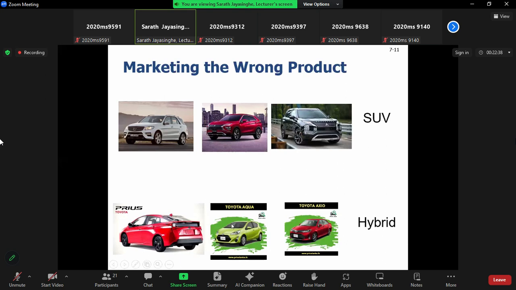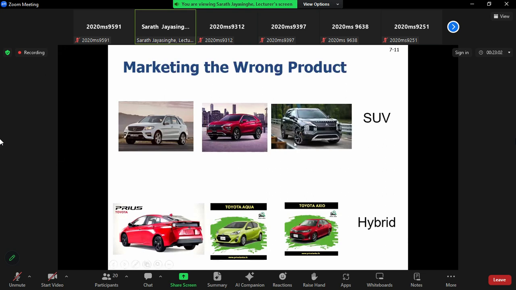Therefore, they have branded these vehicles and made people aware that these vehicles are very fuel efficient. People know what hybrid cars are and what the brands under hybrid cars are, and they know those characteristics.